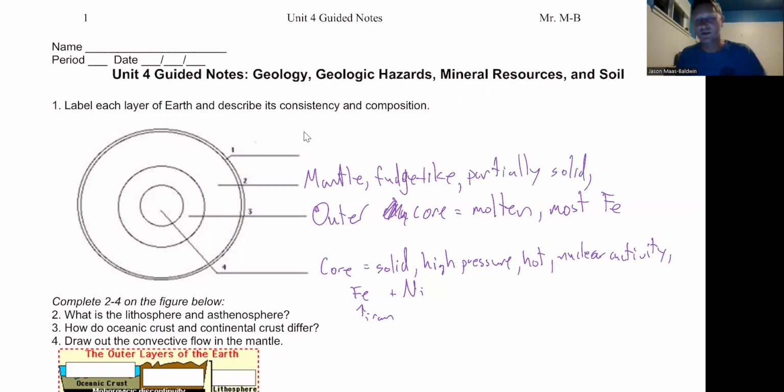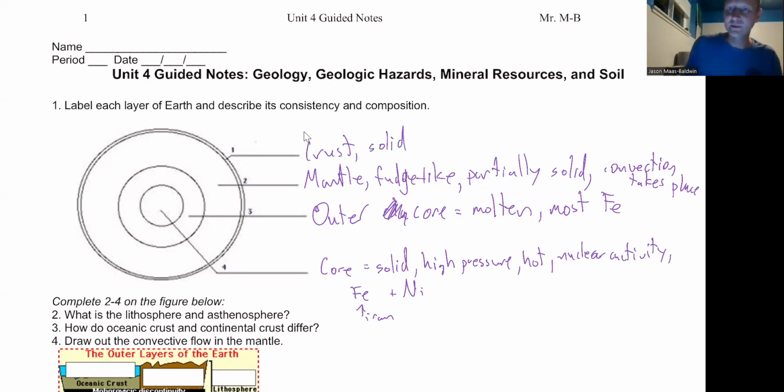We'll use some other words to describe it later on, but the important thing about the mantle is this is where convection takes place. Convection is where hot things rise and cool things fall, and that creates convection currents, and these convection currents are what move our plates on the crust, which is the outermost layer. And the crust is all solid.